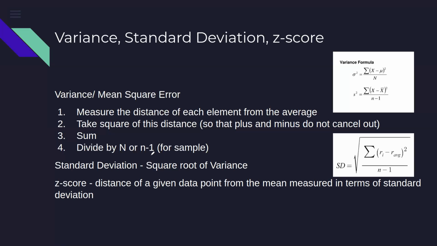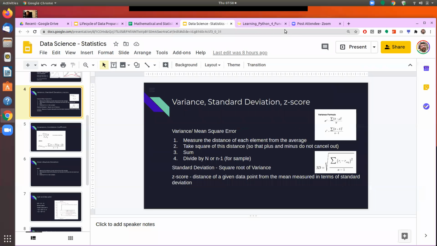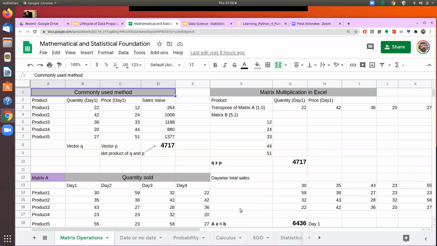It is important to understand the concept of the population, the concept of the sample, and that if I am computing my variance measure or my standard deviation, then after taking the sum of all the data elements, I divide that by n minus 1. So let's understand this a bit better by doing the computation in the Excel sheet.